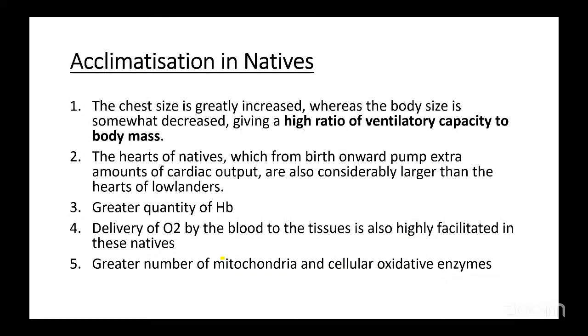And then we have to talk about how acclimatization in natives happens separately. In natives, one thing you realize is that their chest size is greatly increased, while their body size is somewhat decreased. So this gives them a higher ventilatory capacity compared to the body mass. Apart from that, they have a higher cardiac output. Even their heart is larger.